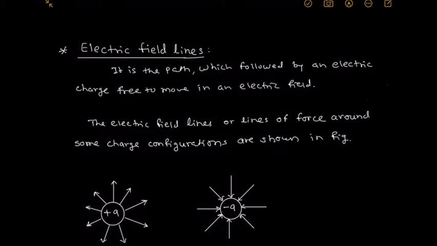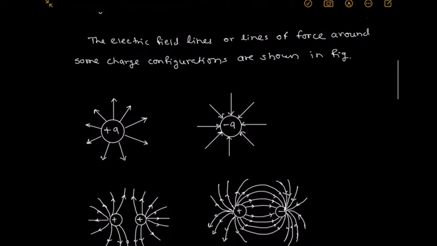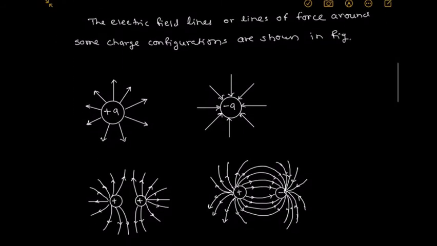Such electric field lines around some charge configurations are shown here. If we consider the positive charge, the electric field lines around the positive charge are represented by straight lines which originate from the charge.